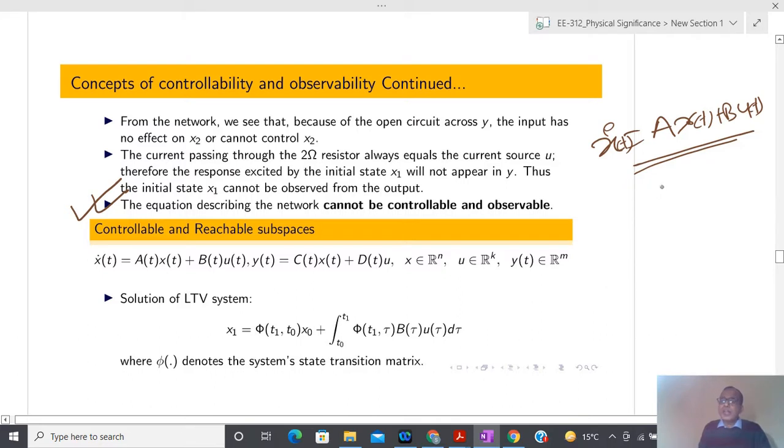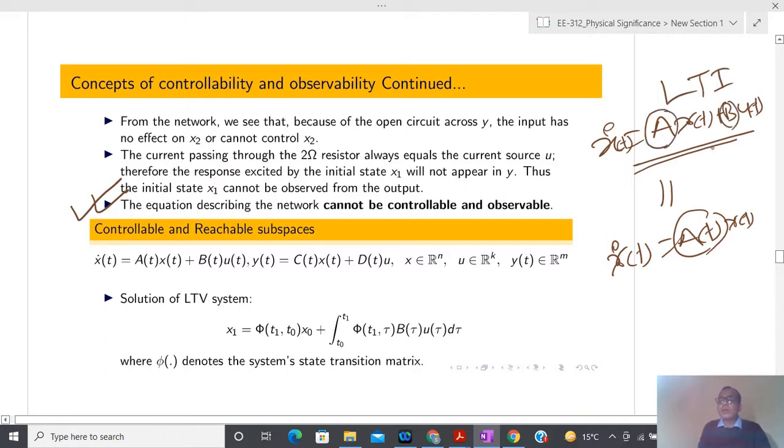You can generalize this to this class of system, where A(t) is now also a function of time. Initially, when I talked about the LTI system, I assumed that A and B are no longer functions of time, but here I am assuming that they are functions of time. So now here I have again various possibilities.